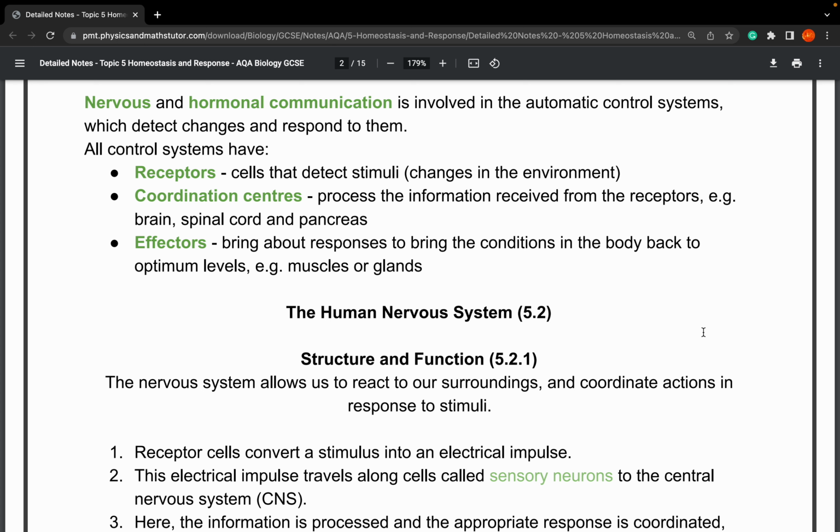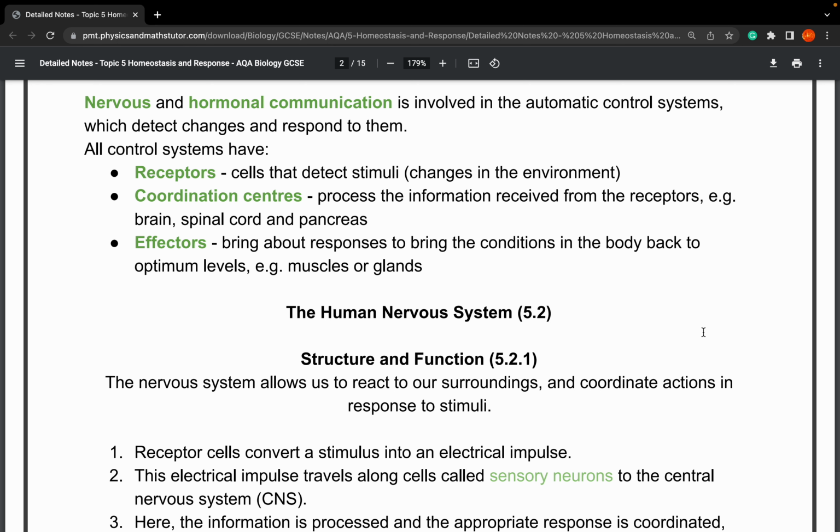Hormonal communication works in a similar way. If you see a movie with a very gruesome scene, it creates palpitation and your heart starts racing. That's because of increased stress hormones or adrenaline secretion, that is hormonal communication.